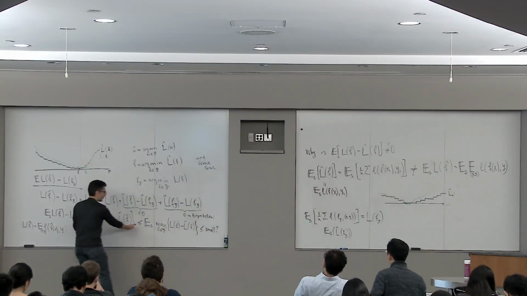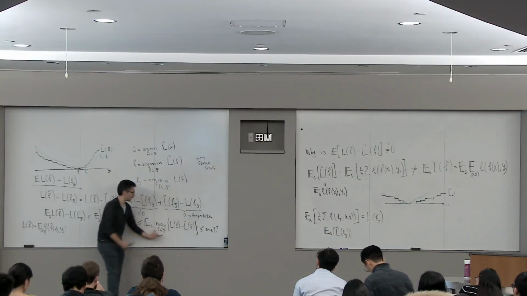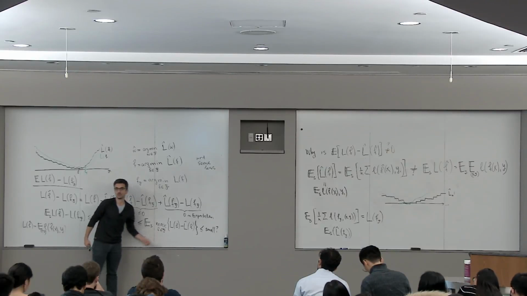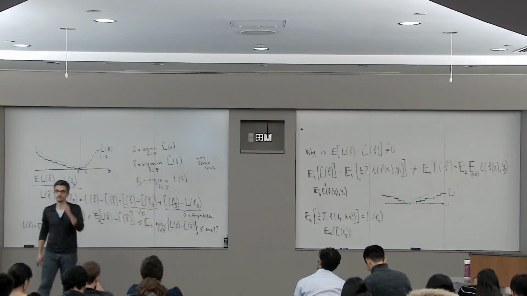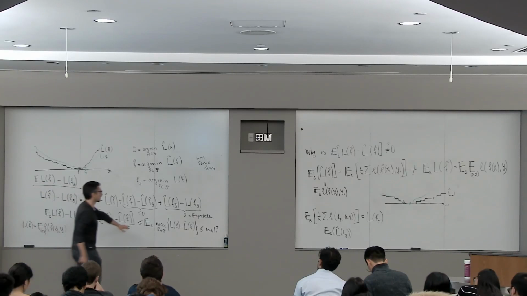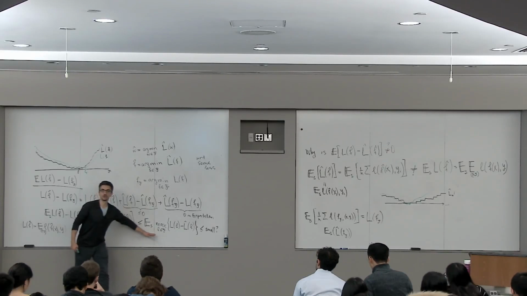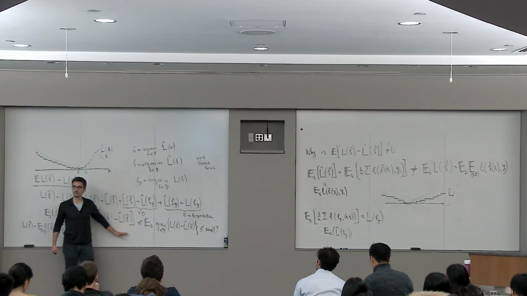One way to remove the hat is to pass to the maximum over the class. Is this step clear? Do I need to justify this any further?